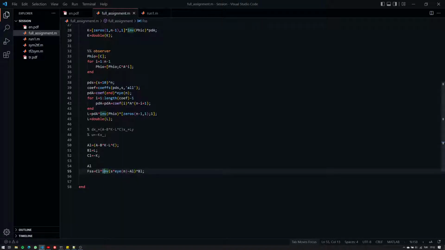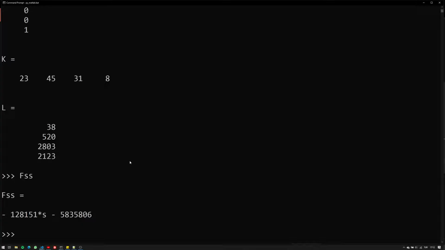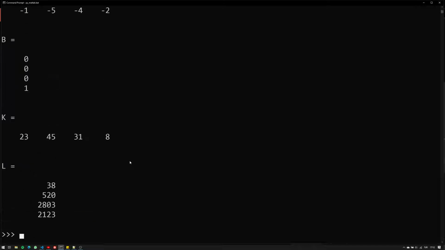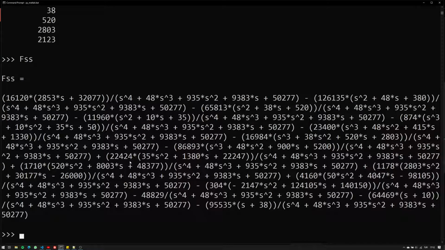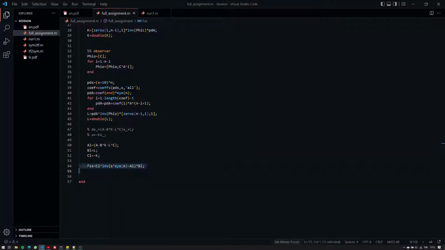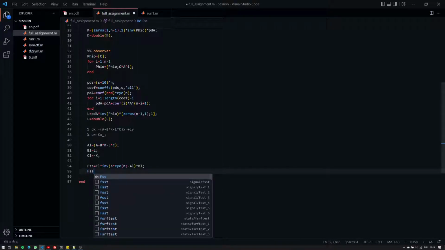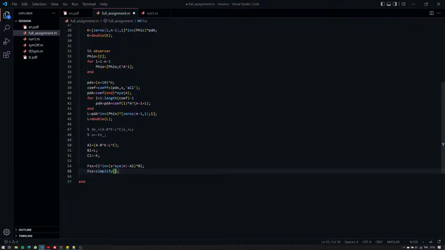C times SI minus A, the inverse, times B. So there we go. Now this again seems a little bit troubling. So what we can do is we have a simplify fraction command. So we can use that on FSS.